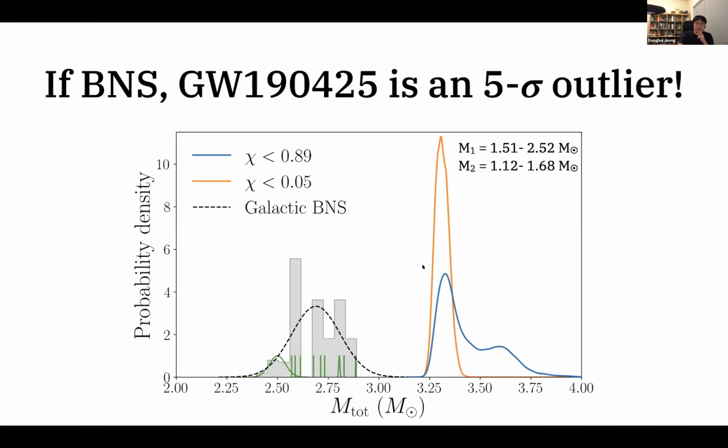And these two lines, the orange and blue, are the distribution of total mass that we infer from GW190425. So obviously they are outside of 5 sigma. The red and blue depend on the assumptions about their spin. So it's kind of odd that they don't fit into the picture that we have of binary neutron stars. Then what about the black holes?